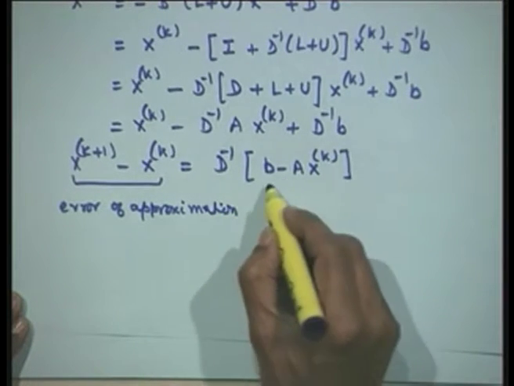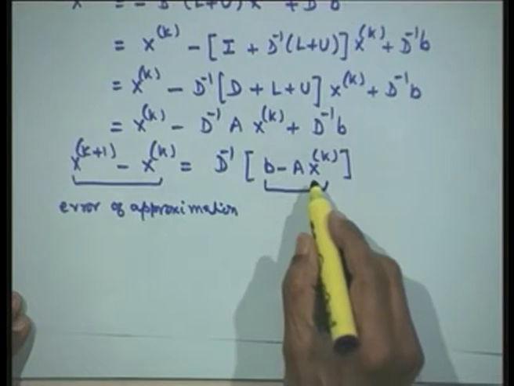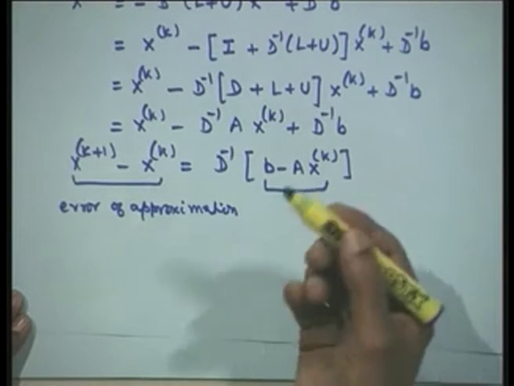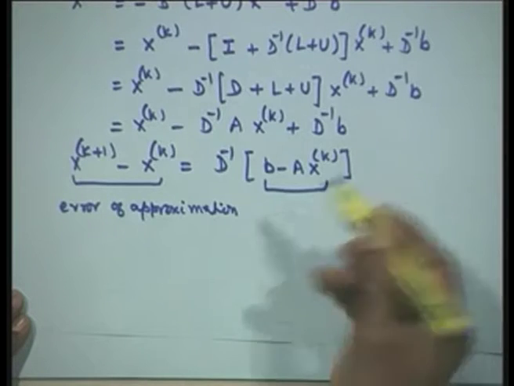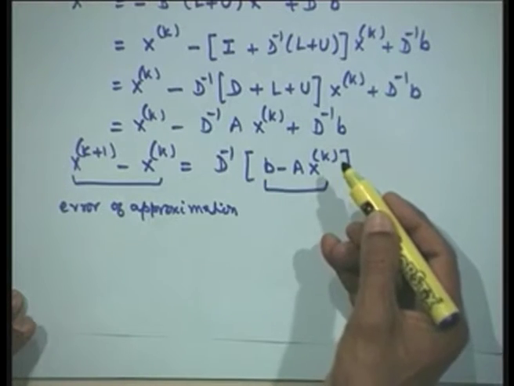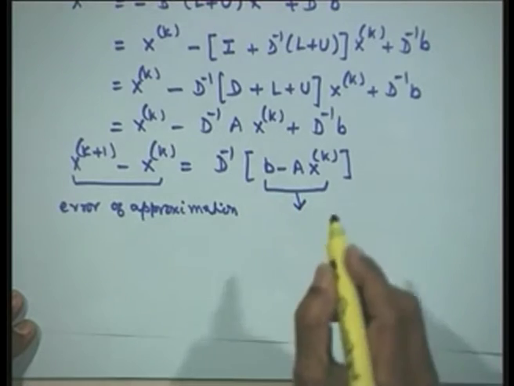If you look at this right hand side, this part shows how well the equations have been satisfied. This is b minus a x. Our system of equations is a x is equal to b, and this shows how well the equations given in the system are satisfied.